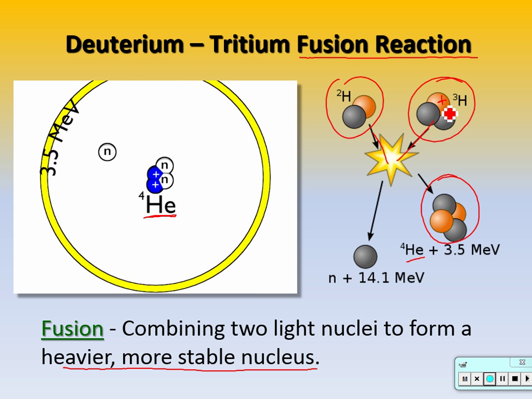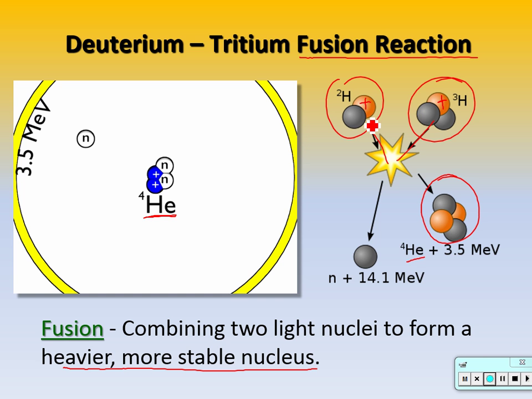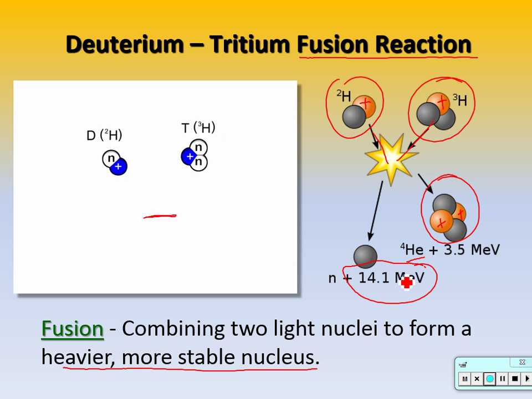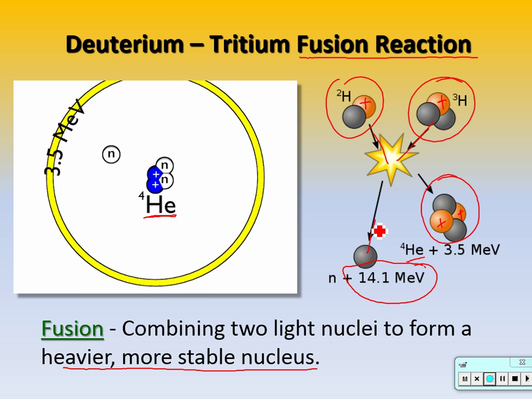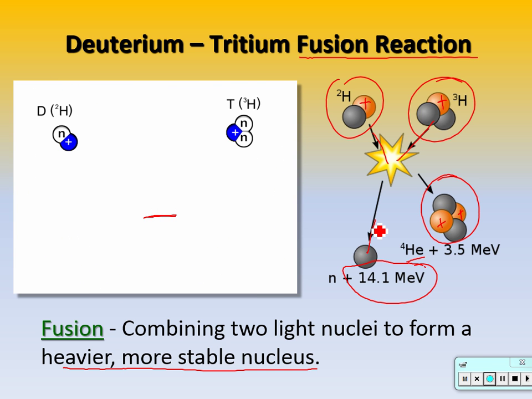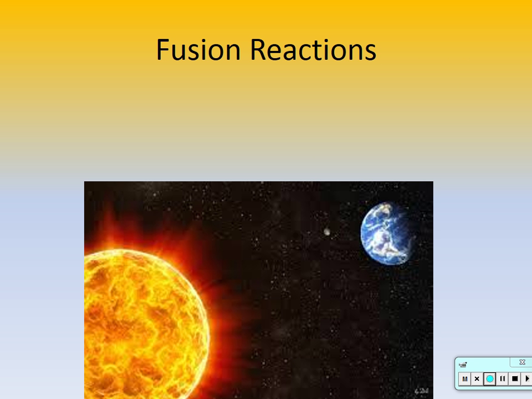One proton right there, one proton right here makes two protons, helium. And it releases a lot of energy. Okay? It releases a lot of energy. And it also releases a neutron. So it can do a chain reaction as well.